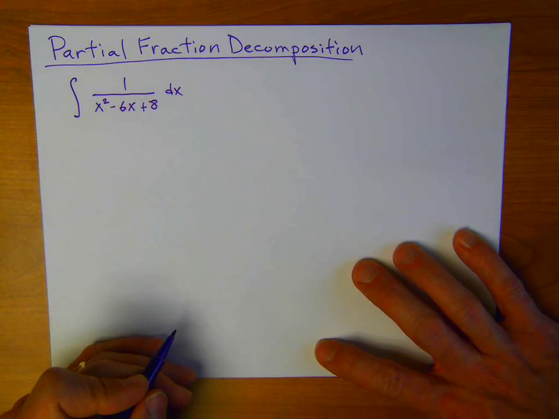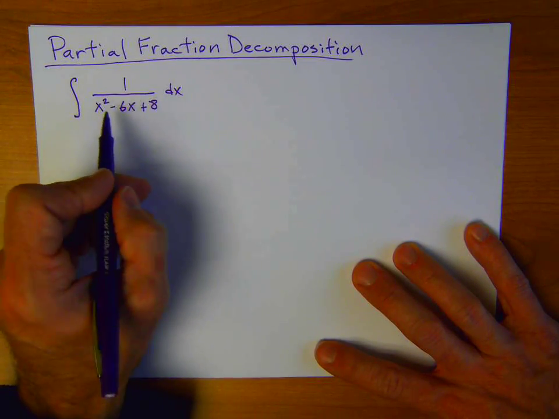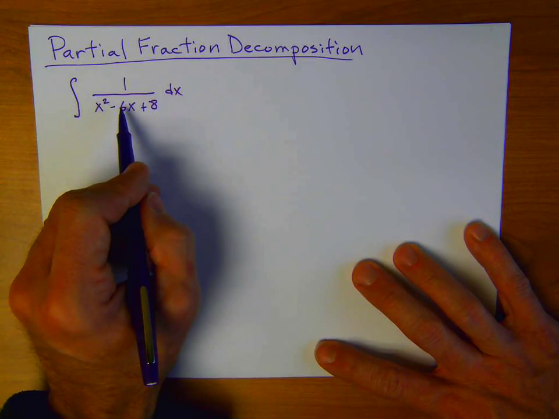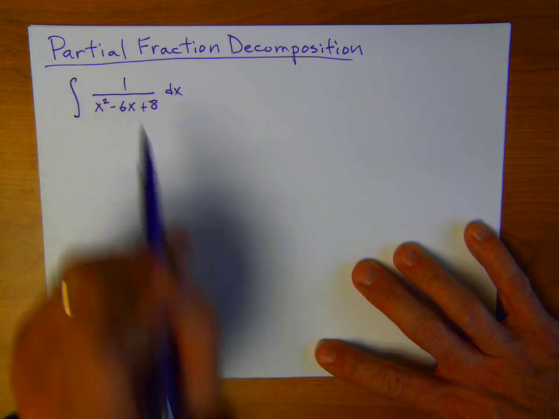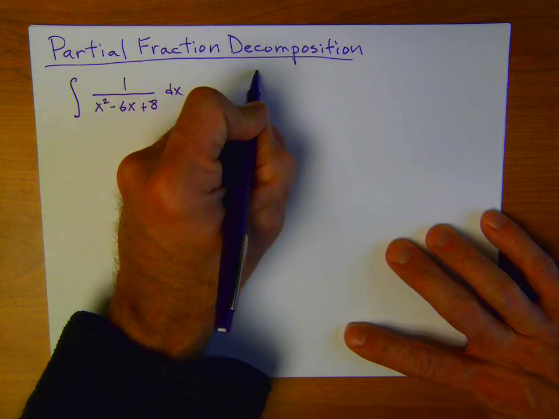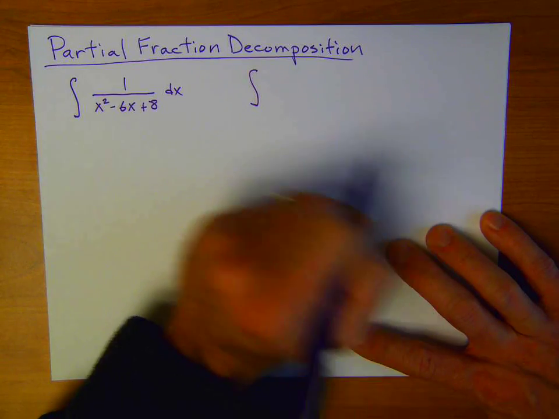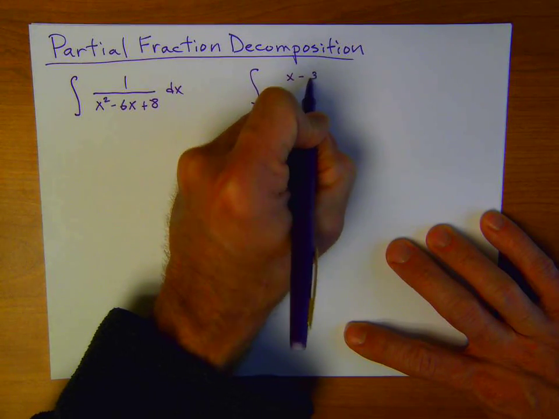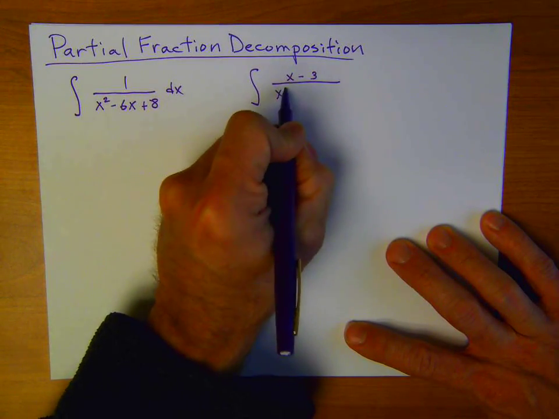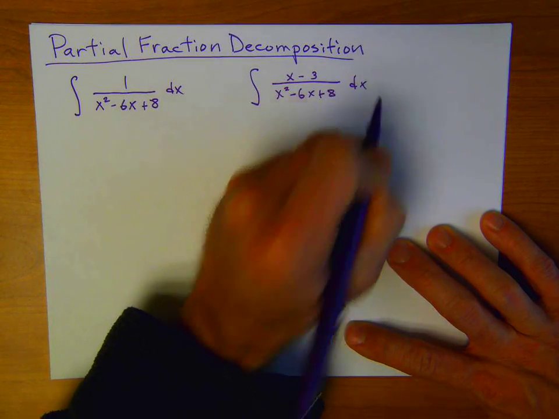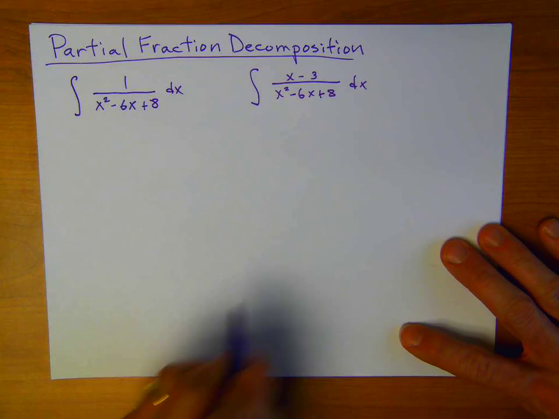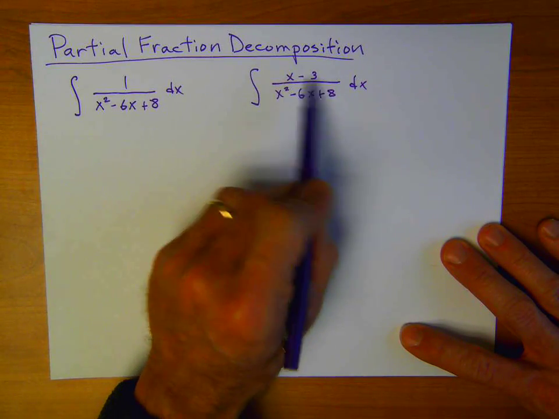Let me first, by way of contrast, explain how we've looked at things like this in the past. If we had something like x minus 3 over x squared minus 6x plus 8, then we could use substitution here.